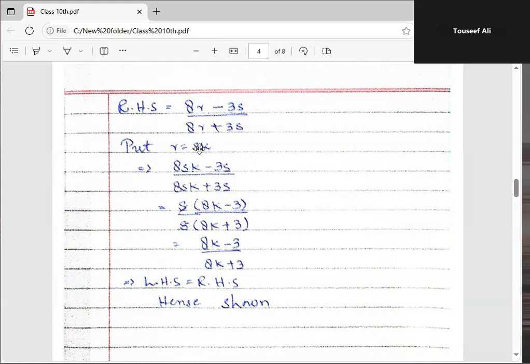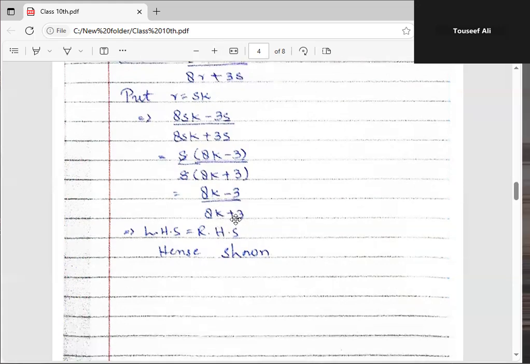In the numerator, S is common in both terms, so taking S common, the remaining term is 8K minus 3. In the denominator also S is common, so the remaining term is 8K plus 3. Now S and S cancel each other, so it becomes 8K minus 3 divided by 8K plus 3, which is the solution of the right hand side.